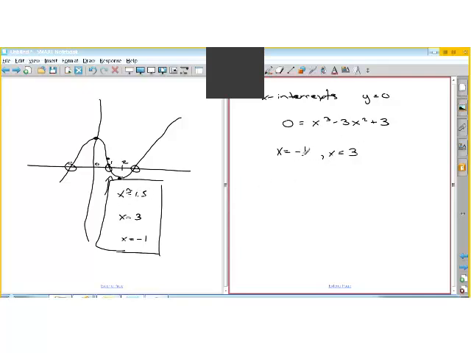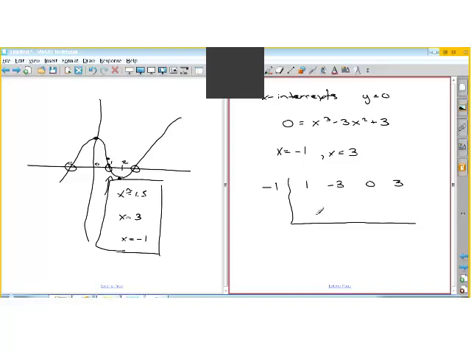So if we get one of these whole numbers, hopefully, then we can use synthetic division. So we have 1 x cubed, -3 x squared, 0x, and 3. So I'm going to pick -1 here. Let's see if that works.